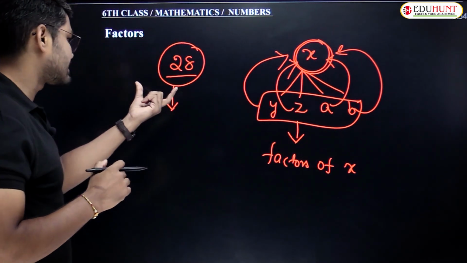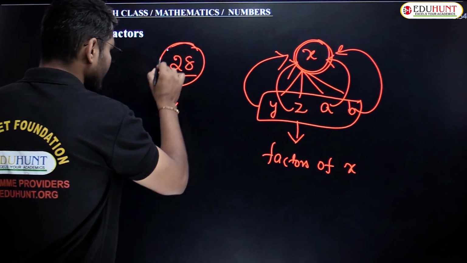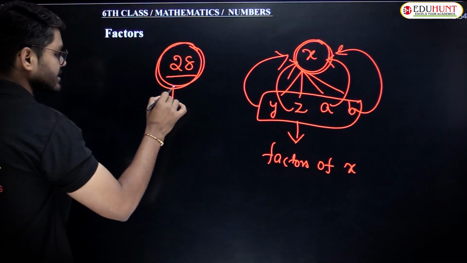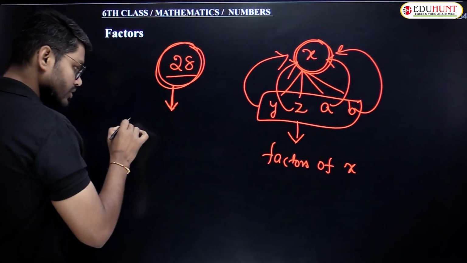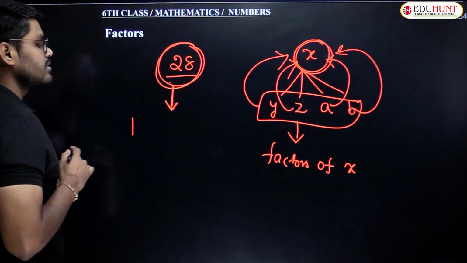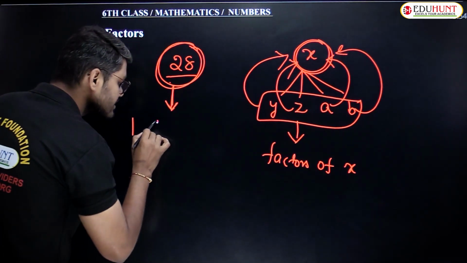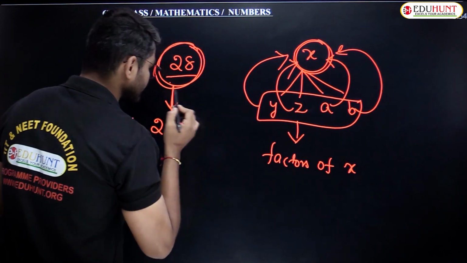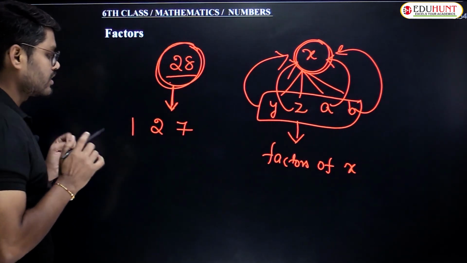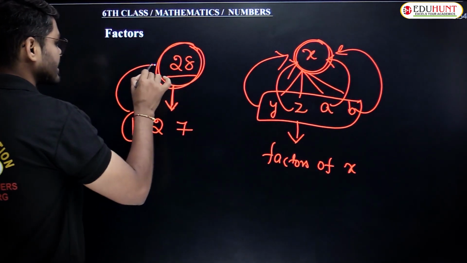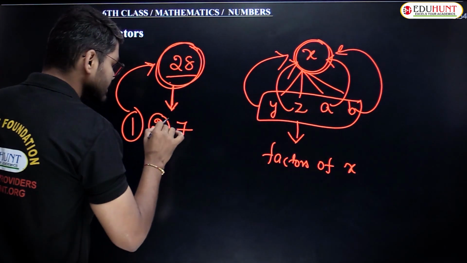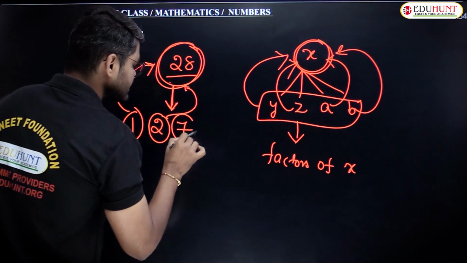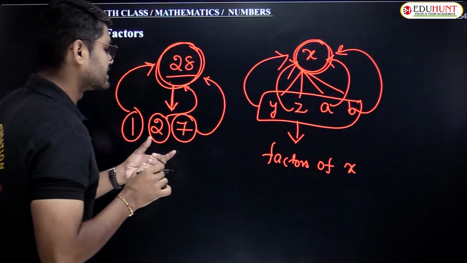Now, let's come to the number 28. I have taken 28. So, this 28 is divisible by 1. 28 is divisible by 2. 28 is divisible by 7. Therefore, 1 is a factor of 28. 2 is a factor of 28. 7 is a factor of 28.